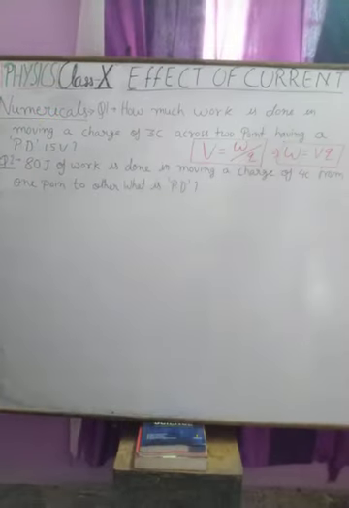So we are starting solution number 1. Okay, in the question we are given charge 3 coulomb, which is moving between 2 points with the help of a potential difference of 15 volt.